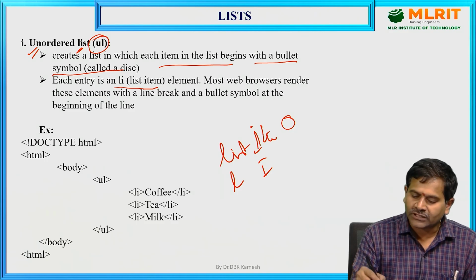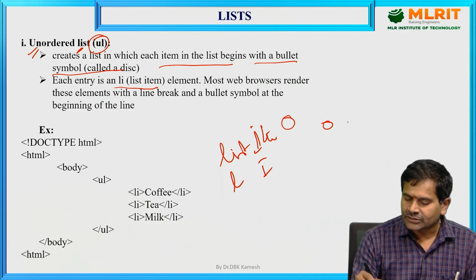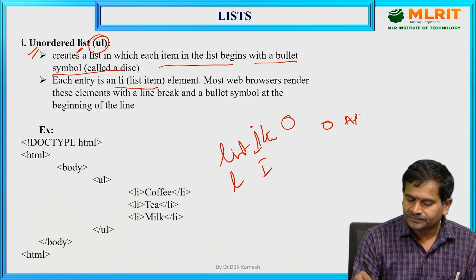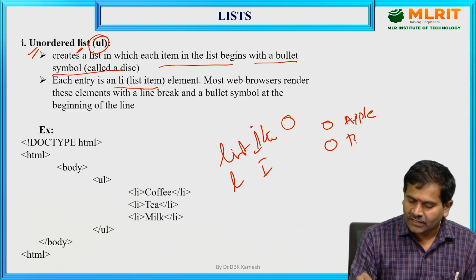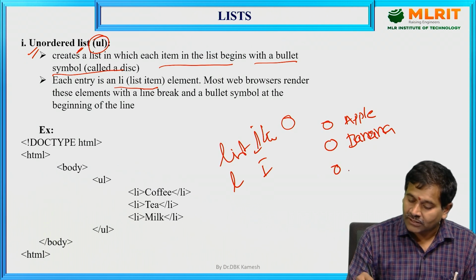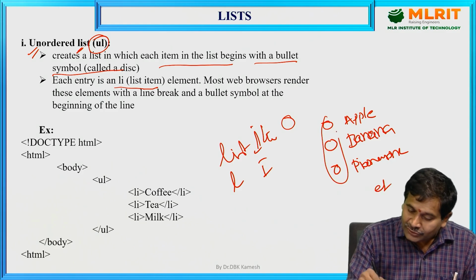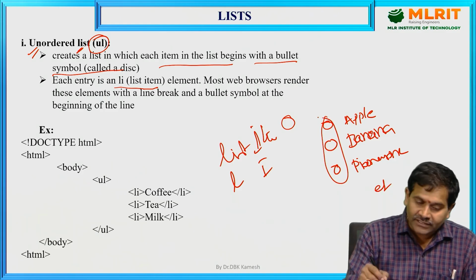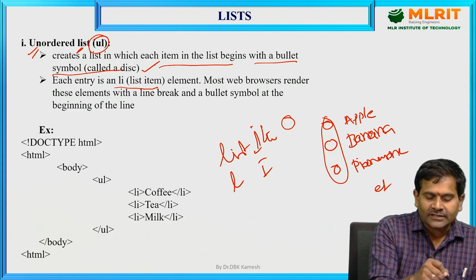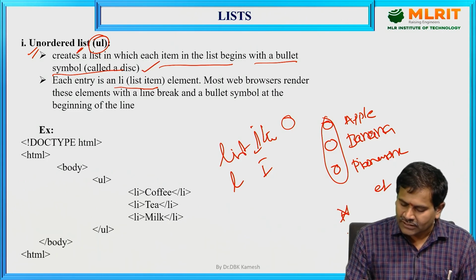For example, if you want to write bullet points like apple, banana, pineapple, and so on, this is using a bullet in the disk manner. Sometimes maybe a star shape like this.